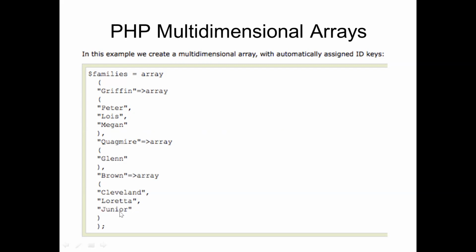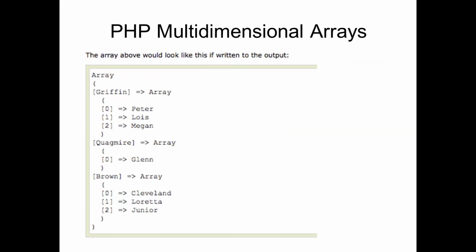We have taken array object families, and inside the families array, we have taken three IDs, that is Griffin, Quagmire, and Brown, where each and every ID internally has another set of elements. Okay, this is what we say as multi-dimensional array.